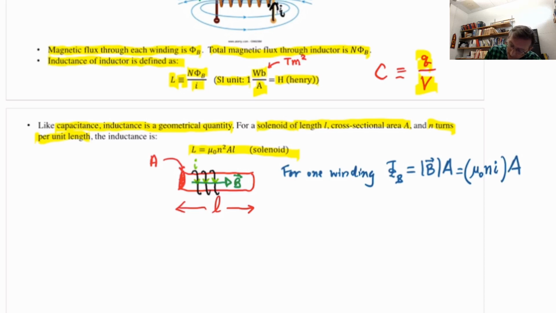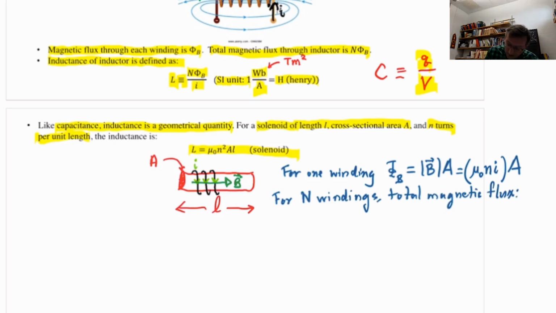So for N windings, what is the expression for the total magnetic flux? Well, I'll just come down here. That would be N times phi sub B, right?